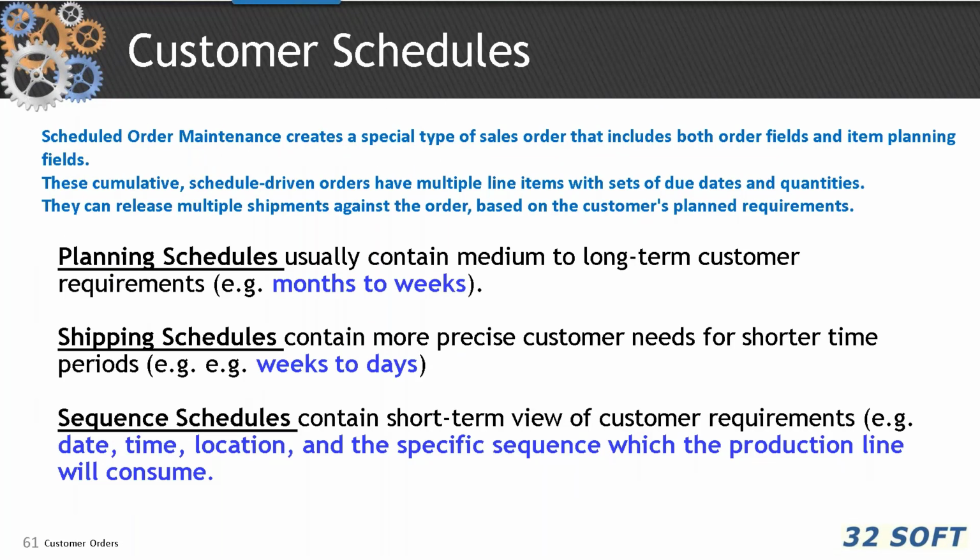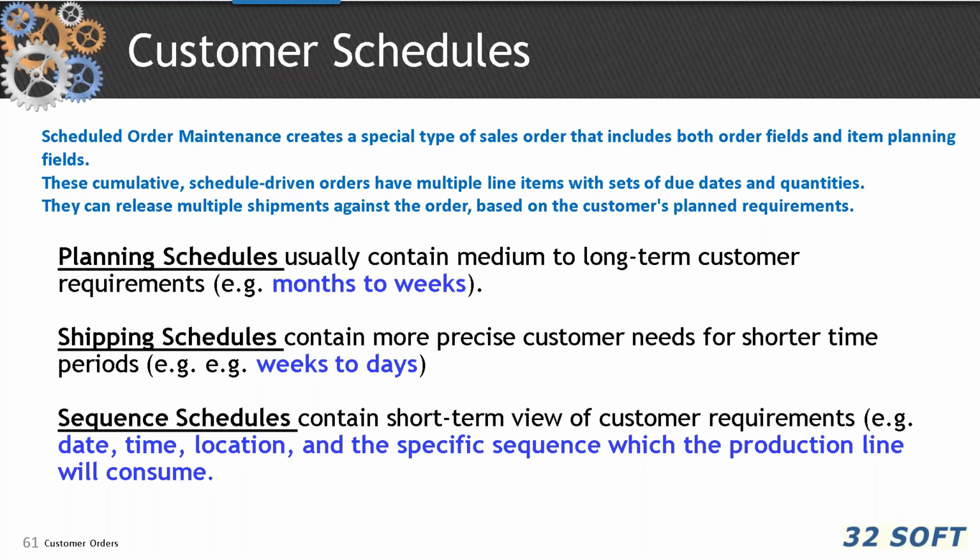7.3.13 customer scheduled orders create a special type of sales order that includes both order fields and item planning fields. These cumulative schedule-driven orders have multiple lines with sets of due dates and quantities that can be released with multiple shipments against an order based on the customer's planned requirements.